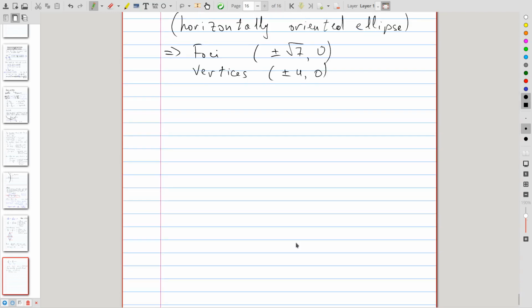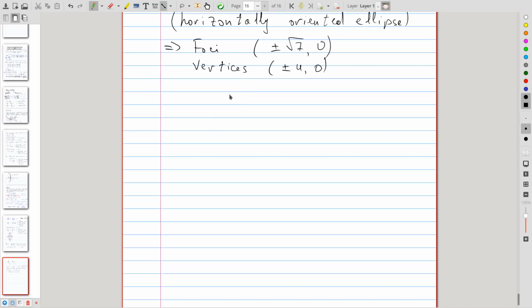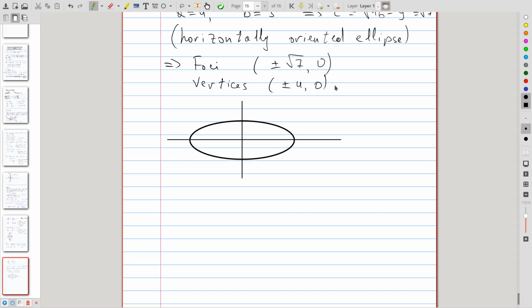And then if we are to sketch a graph of this ellipse, we would draw an ellipse that is elongated horizontally, like so. We would have something of this shape. And so here the two foci are inside the ellipse somewhere here.